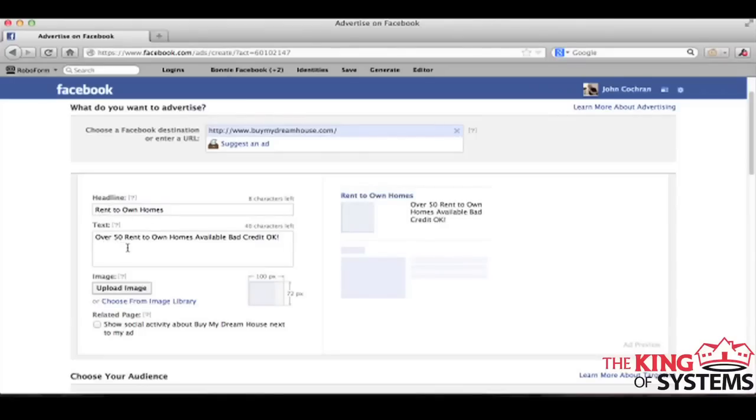Text is over 50 rent-to-own homes available, bad credit, okay. And then this is what it would look like. Now, I can tell you that you want to keep the description as catchy as you can, but as short as you possibly can.